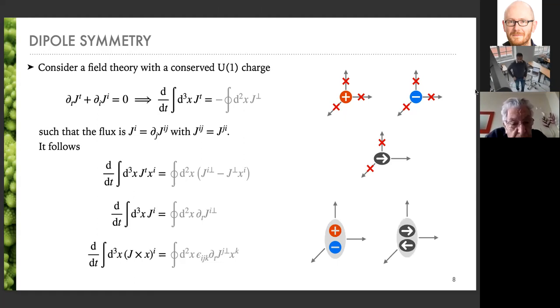In this setup, as I have already mentioned, you can create these dipoles. Once they're created, they are free to move completely. This is slightly different from the X-cube model, where we already discussed that dipoles cannot move freely; they will only move in one direction. But this has some very similar salient features. If you want to further restrict the movement of these carriers, you have to also impose conservation of higher moments.